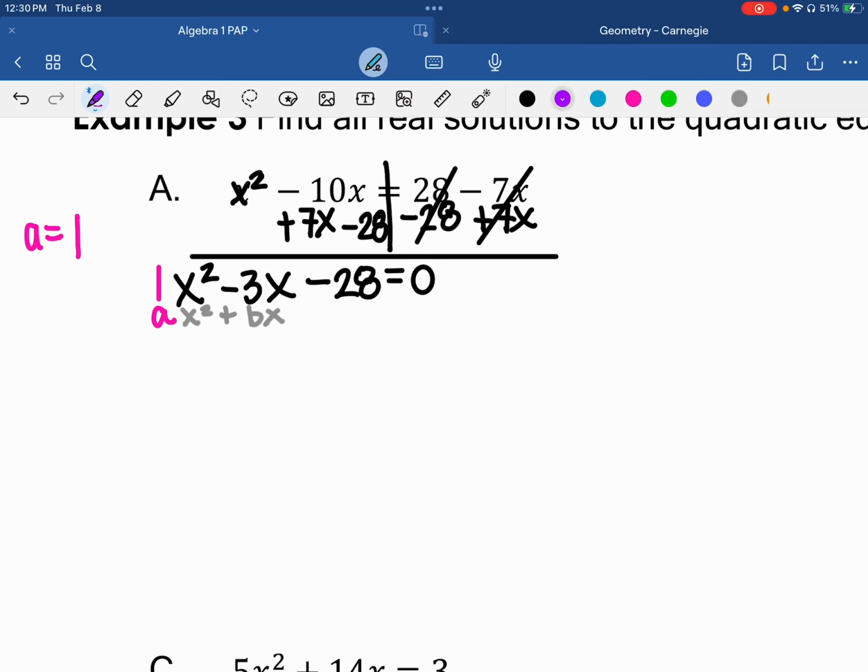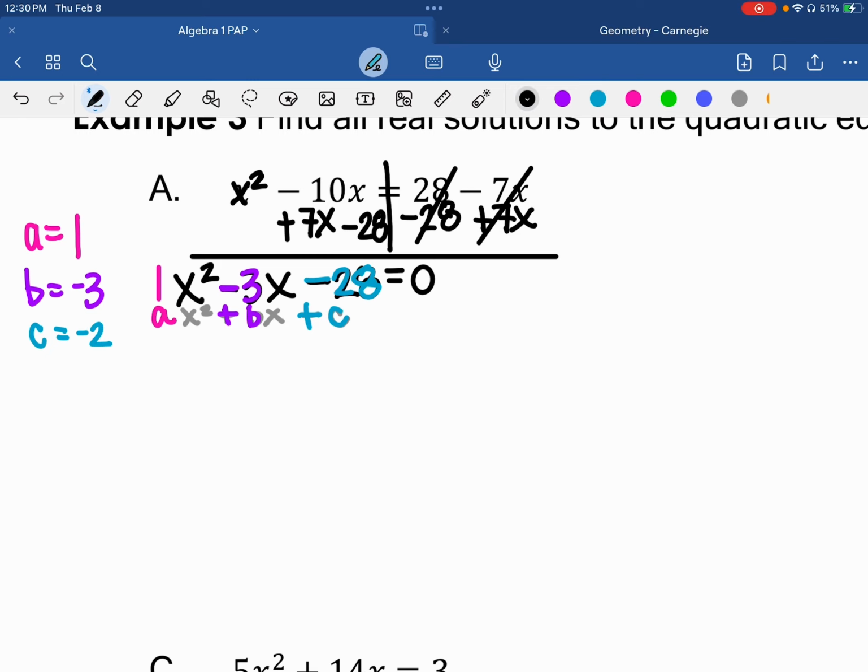My B term is always right here with my x, and in this case, it is the negative 3. So B is going to be negative 3. And then finally, I have my plus C term. With the C term, just like the B term, grab the symbol in front, and C is negative 28.